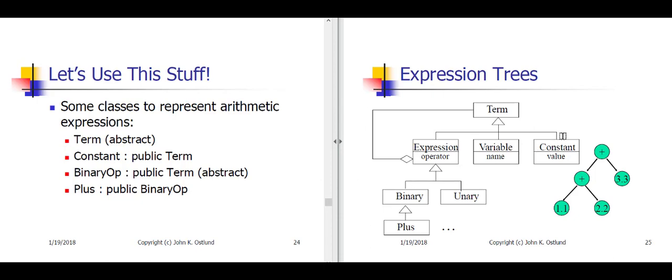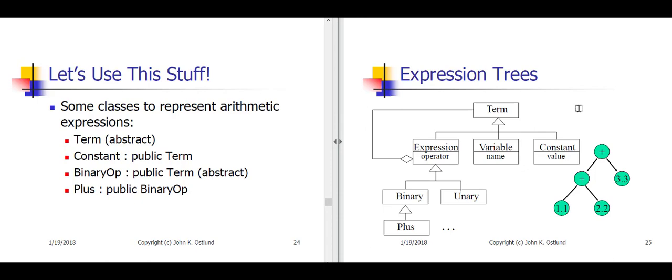Here on slide 25, we have a diagram of this class hierarchy. Term is the base class of everything. Kinds of terms include expressions, variables, and constants. Okay, so we've talked about a constant like 5 or 19 as being a kind of term.